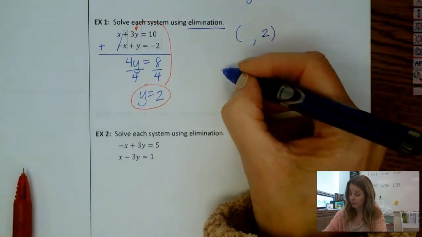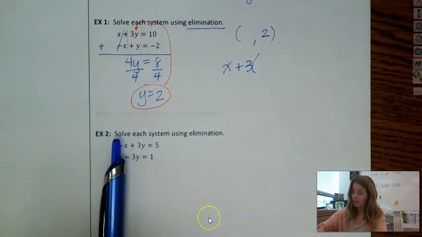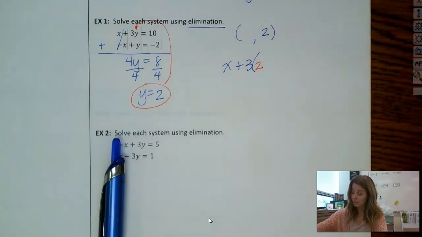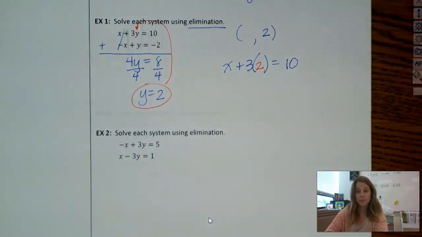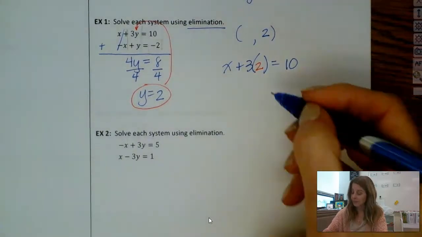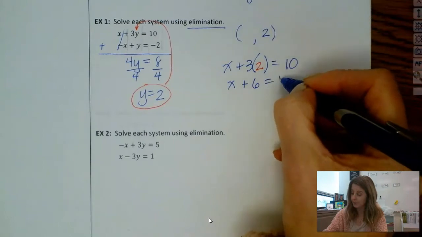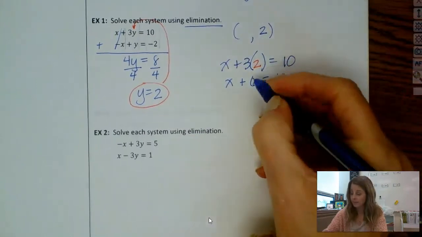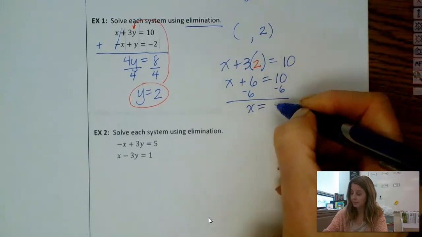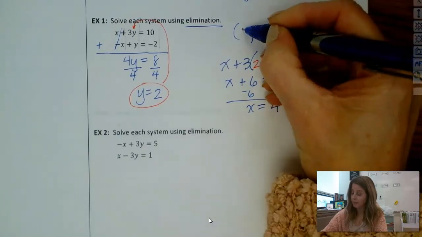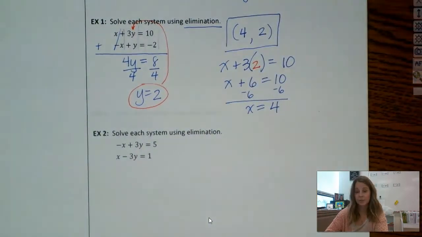If I plug that in, I will have x plus 3, and I now know that y is equal to 2, so let's plug that in and write the rest of the equation down. Now we simplify. So x plus 3 times 2 is 6. And then solve for x. Take away 6 from both sides. So I get x equals 4. Finish your ordered pair, and that's your solution.